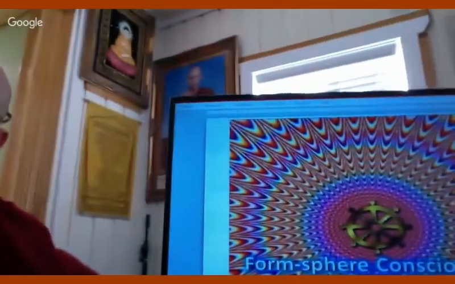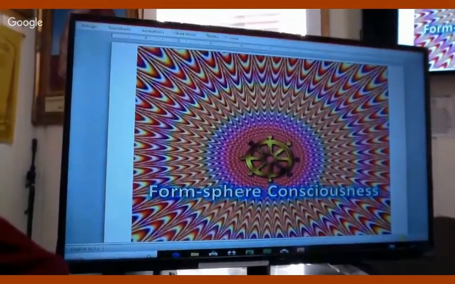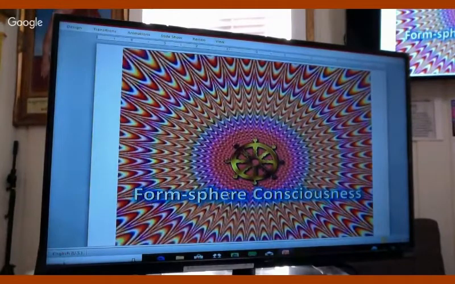Okay. So today, the Form Sphere Consciousness, what's different from the previous one, Kamavachara Chitta? The earlier one is for the sense sphere; this is the form sphere. Because in Kamavachara Chitta the sense object is mostly the influence.